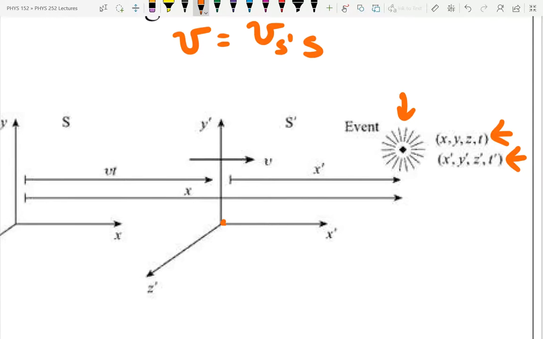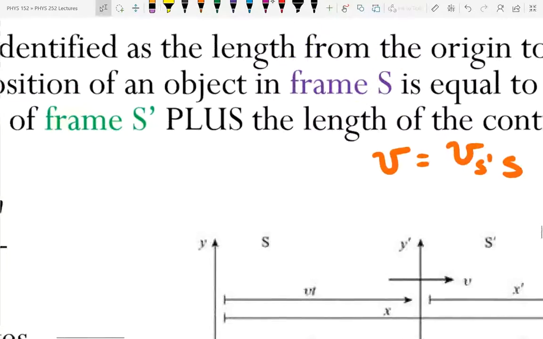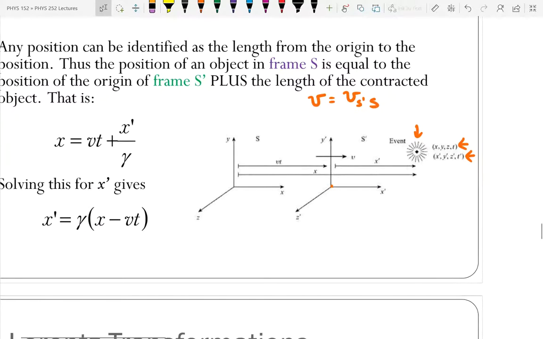Now, if I want to find the x coordinates, I can say, well, if this guy here is going to measure the x coordinate, he of course can just measure directly x, or he could say it's the distance the origin of one reference frame has moved, v multiplied by time, because the reference frame is moving at the speed of v, plus what the person in the other reference frame is going to measure, x prime.